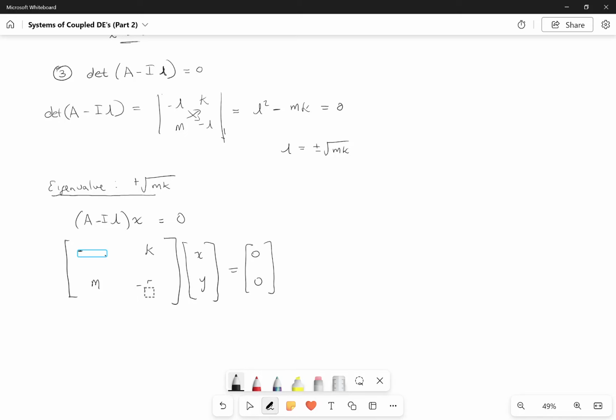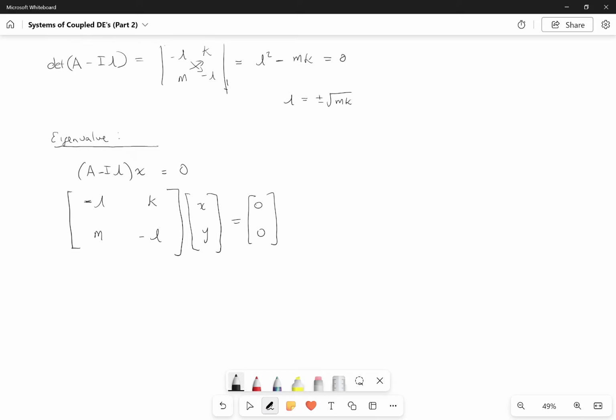Okay, so I'm gonna just replace this here. I'm gonna put lambda here, like this. Let's just plug this guy in here. So what do we have? What are the equations?